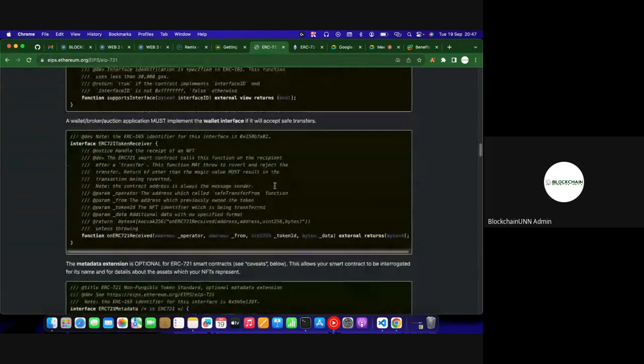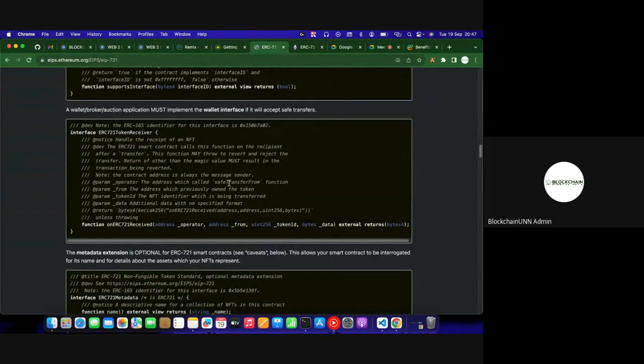Okay, so we have the ERC721TokenReceiver, which is mostly implemented on the side of, let's say, a wallet, a marketplace, a broker, an auction, whatever it is, right? Basically, what this particular interface does is signal that it has the ability to accept safe transfers.